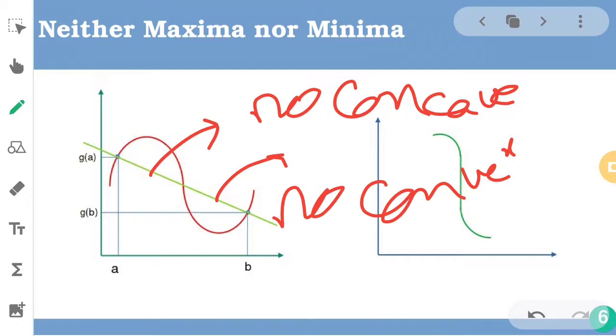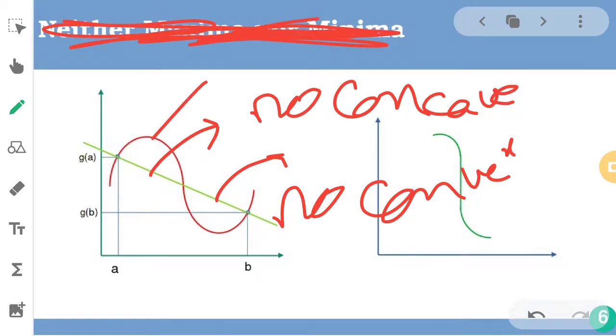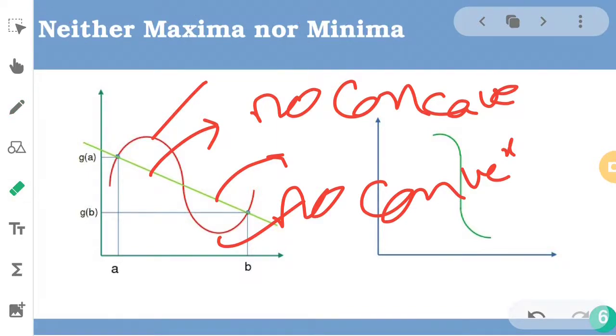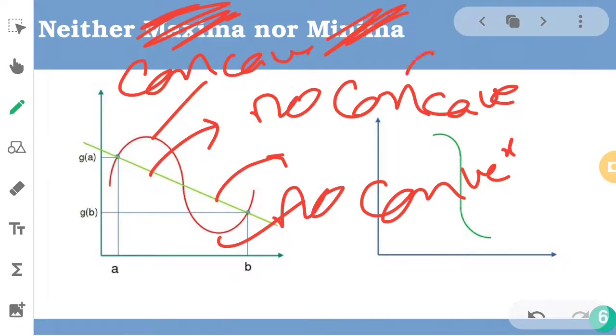In this PPT there is a wrong thing. There is also a wrong one. Here is maxima and here is also minima. Here it is neither concave nor convex.